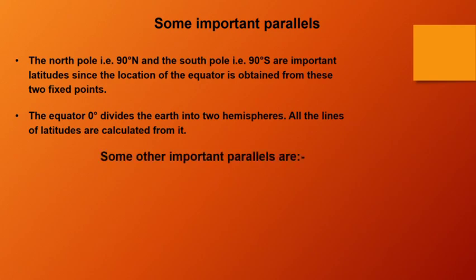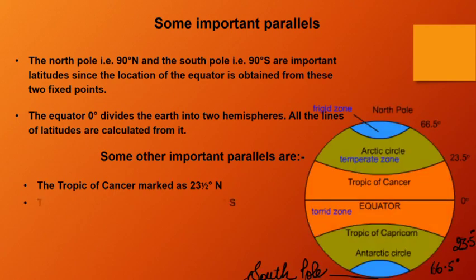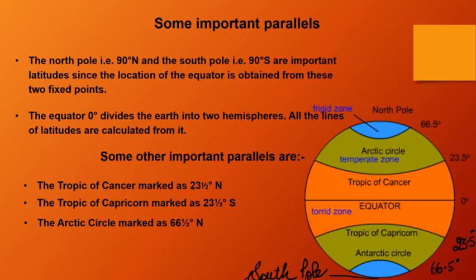Some other important parallels are also there. The Tropic of Cancer marked as 23.5 degree north. The Tropic of Capricorn marked as 23.5 degree south. The Arctic Circle marked as 66.5 degree north. And the Antarctic Circle marked as 66.5 degree south. As you can see that N and S, the initials of the north and south directions, have been used there.